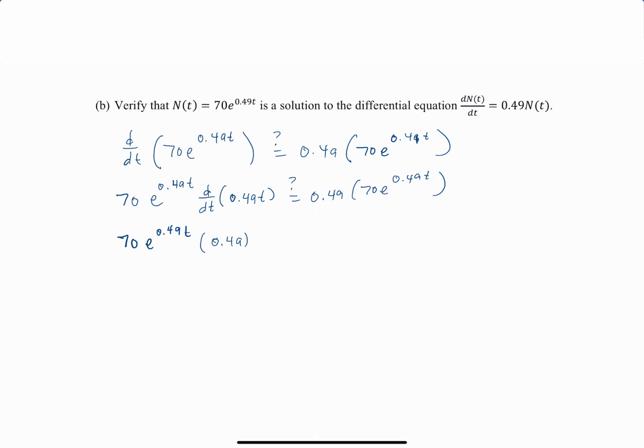And yeah, sure enough, that is, except for writing factors in a different order, exactly the same as our right-hand side. So we have verified that that proposed solution does in fact provide a true or valid equation.